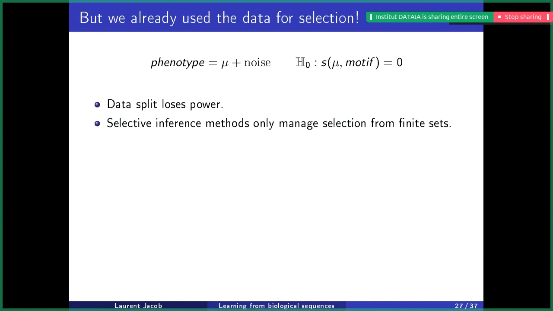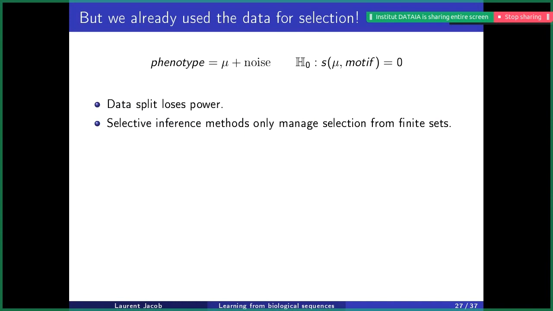We've used the data to train the CNN. And if we use the same data again for testing, in a naive way at least, the test is not going to be valid. It's going to be over-optimistic because you're quantifying the association between your phenotype and something that you specifically selected for its association.